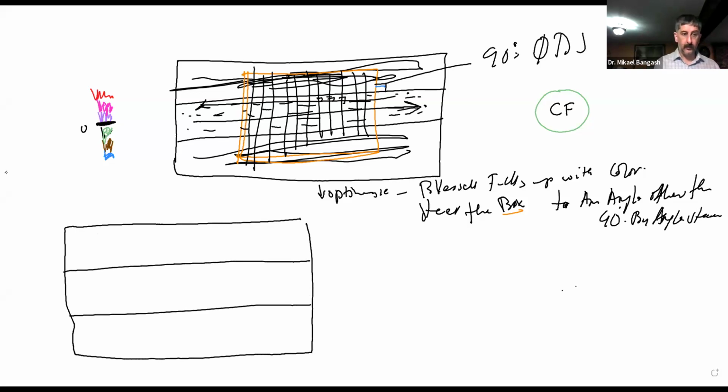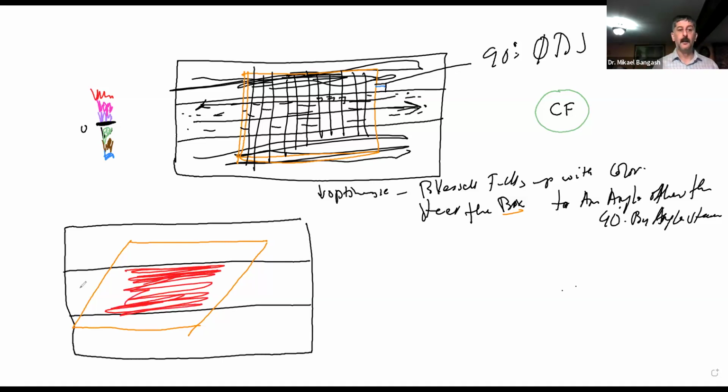Let's just say that as we steer the angle, and to choose any color, the blood vessel was filled up with red color.